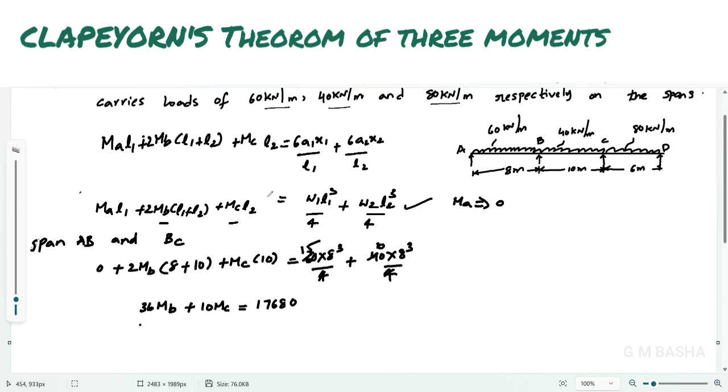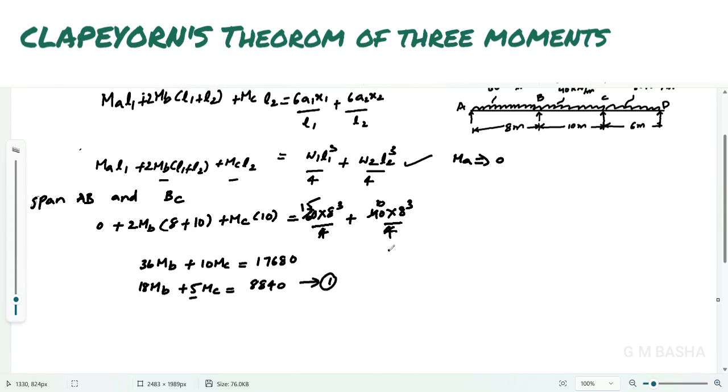Dividing by 2, that is 18 MB plus 5 MC equal to 8840, and take down this equation as number 1. If you want you can simplify some more, no problem, but it is not possible to simplify this one further. If you simplify you will get some 3 point something like that, so no need to keep decimals like that. Take down this equation directly.